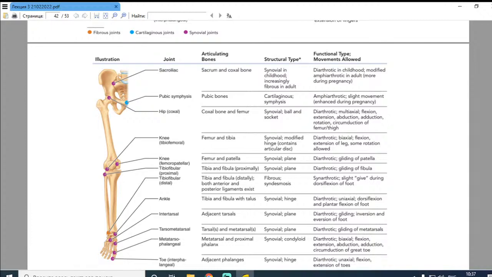Ankle joint. What do you see? This is tarsometatarsal. Synovial. You see between what, an ankle.